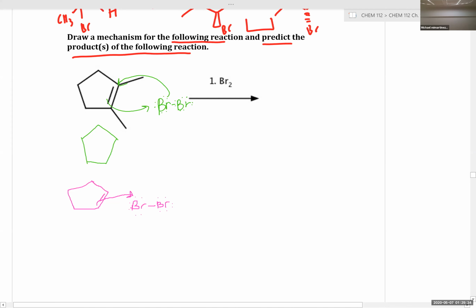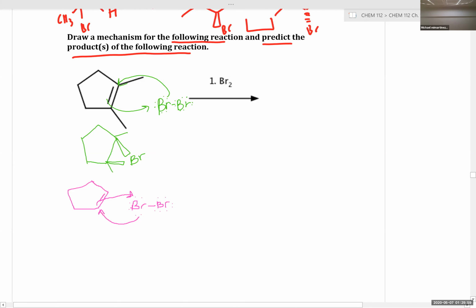And let's have green do the top face and pink can do the bottom face. Don't worry, mechanistically they behave the same, but I just want you to draw those products so that way we can compare them. Yep, good, good.